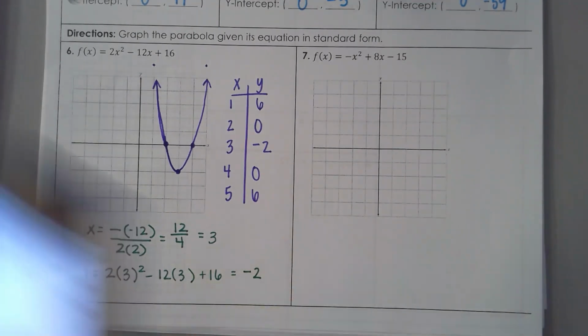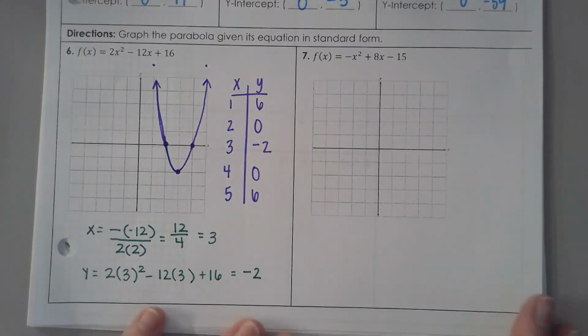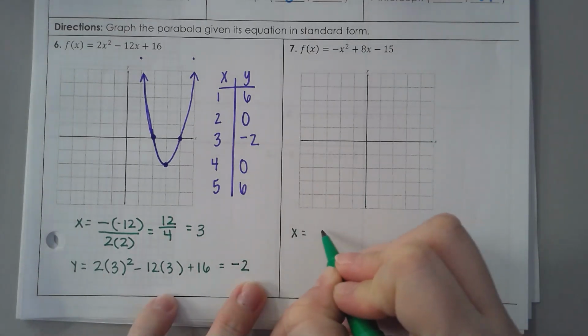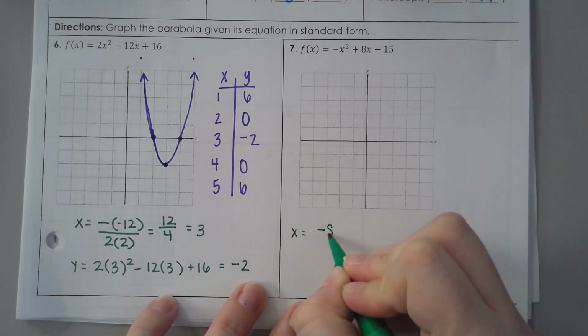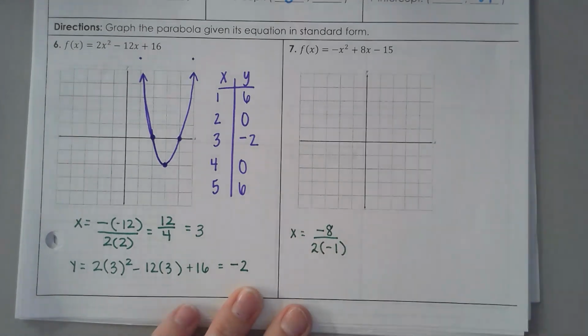And then number 7. Do negative 8 over 2 times negative 1.